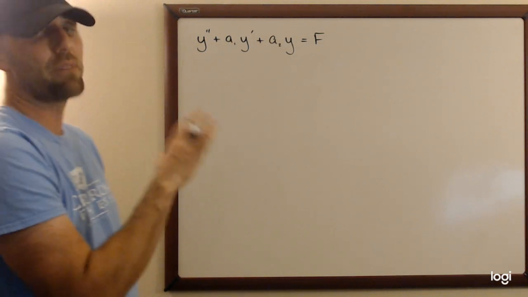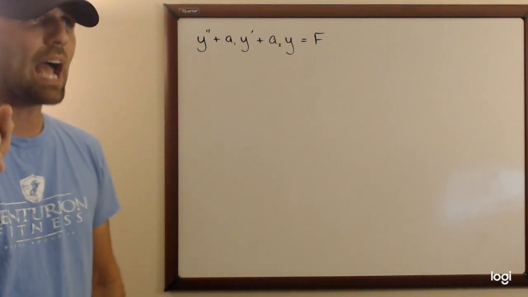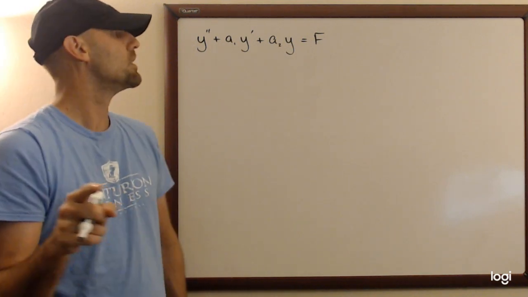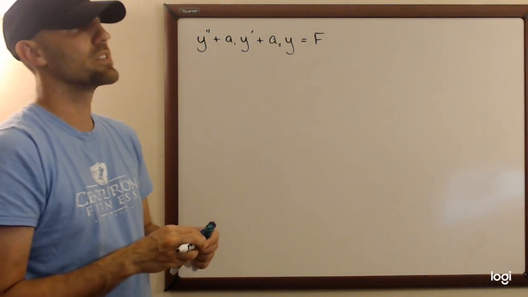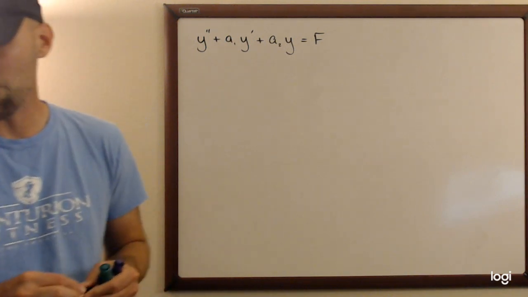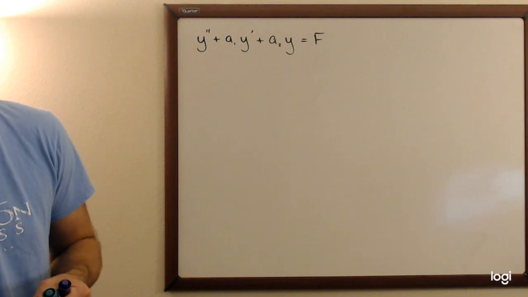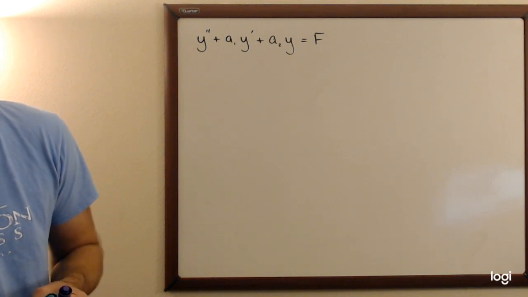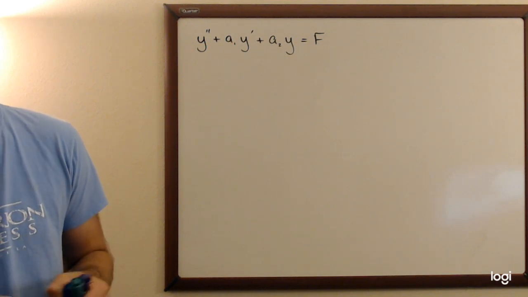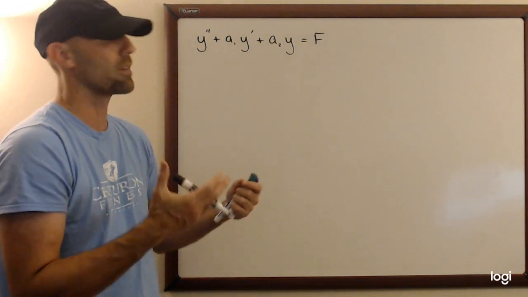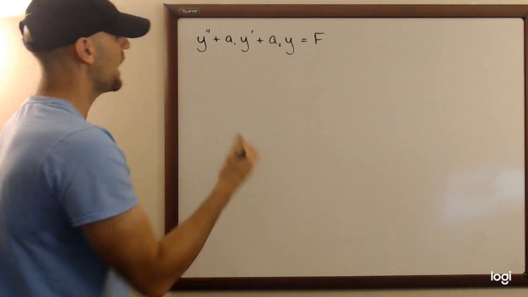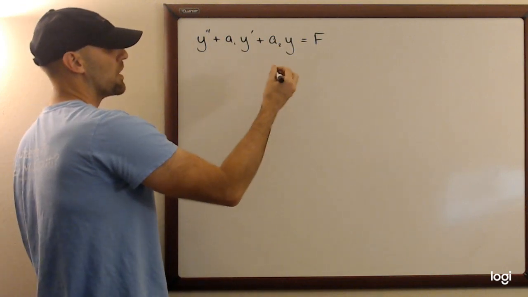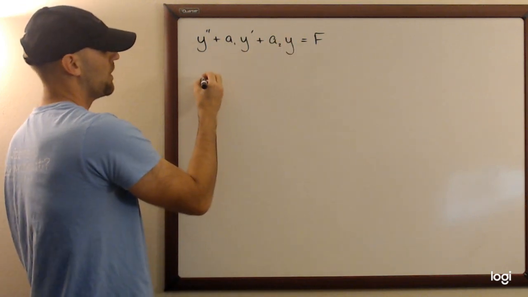These things can be functions as long as they're continuous on some interval, right? So I need a1 and a2 to be continuous on whatever interval we're searching for a solution over, okay? And for that matter, I need f to be continuous as well, okay?